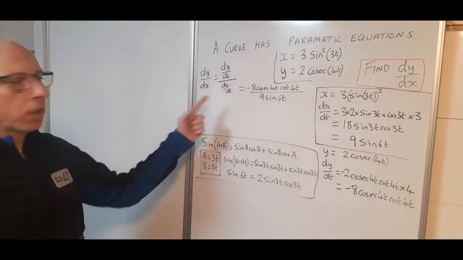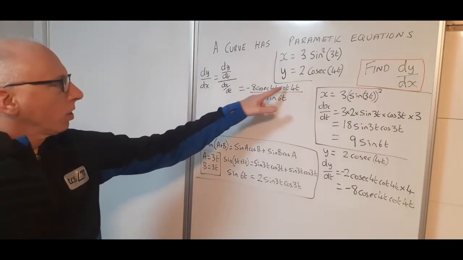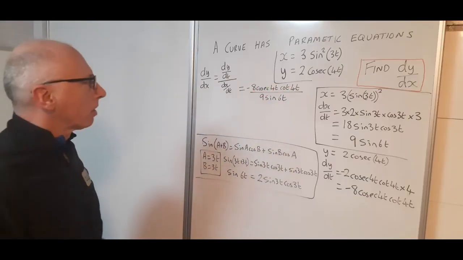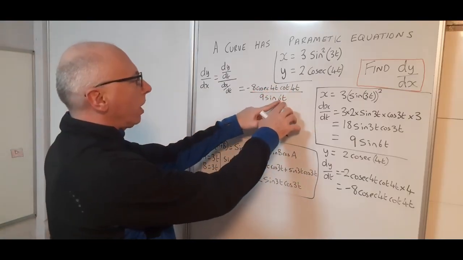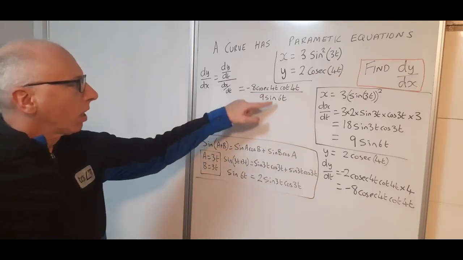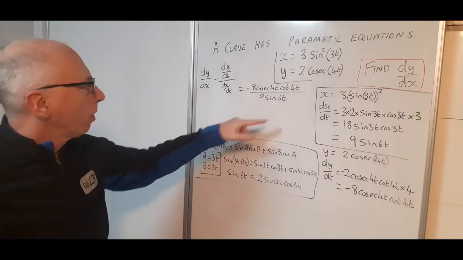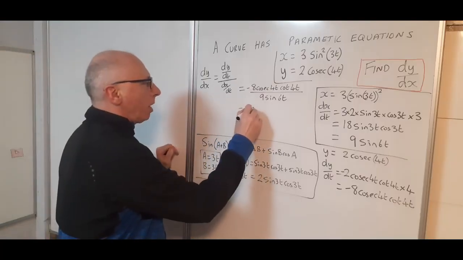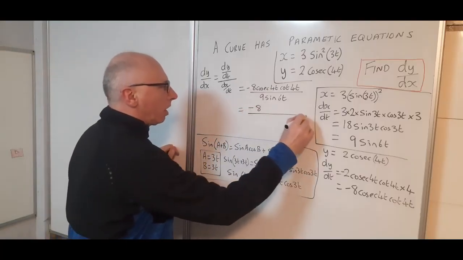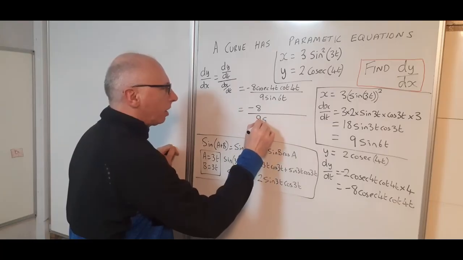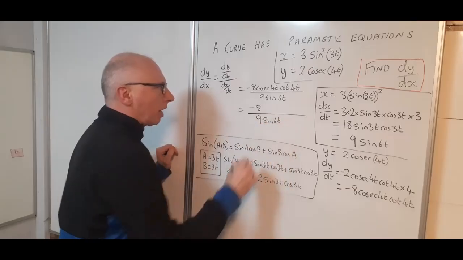Now that would be good enough for an answer, but I can do something with these cotangents and cosecs. These are in terms of 4t, these are in terms of 6t, so I can't combine any sines with this one. But I can keep my minus 8, that'll be fine, and I'll definitely have my 9 sine 6t there.